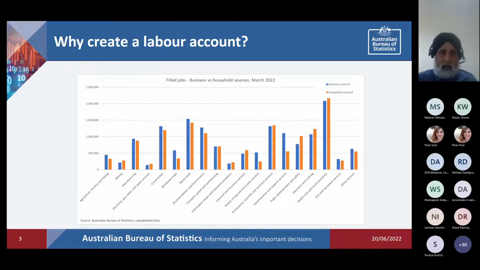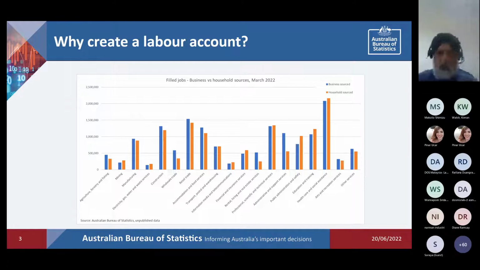As an example, this chart shows estimates of filled jobs as at March 2022, sourced primarily from either the business surveys or the household surveys. In each case, adjustments have been made to conceptually align the scope to that of the national accounts. And as can be seen in the chart, despite these adjustments, the differences remain between the estimates from the business versus the household surveys, and in some cases, the differences are quite large.